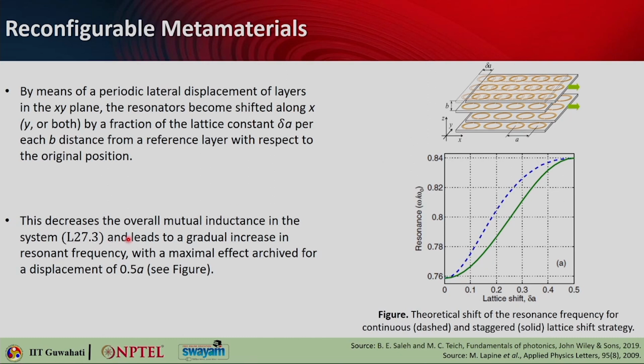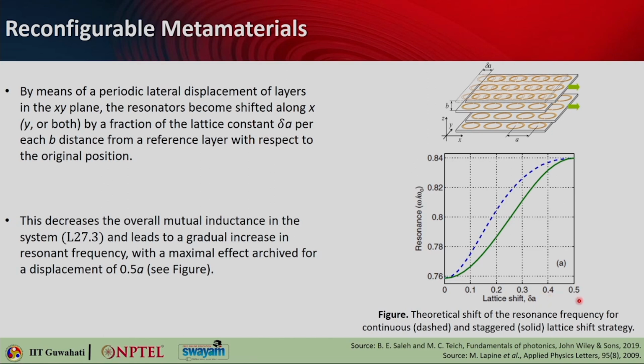This decreases the overall mutual inductance in the system, and when L reduces, there will be a gradual increase in the resonant frequency, and that is what you are able to see: the resonant frequency, normalized to omega naught, is increasing as your shift is increasing.